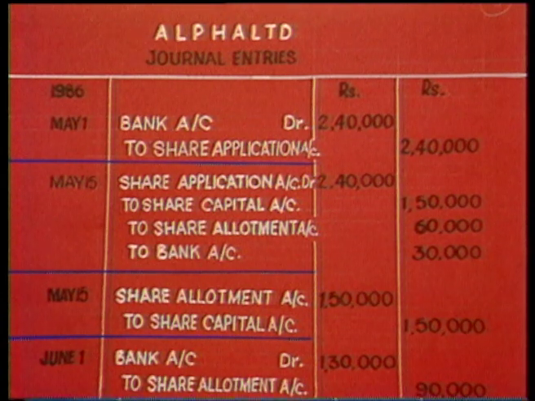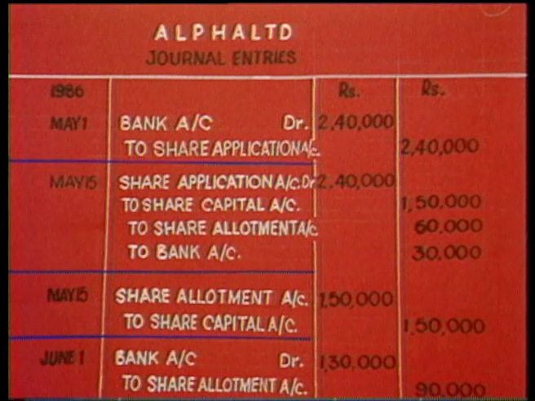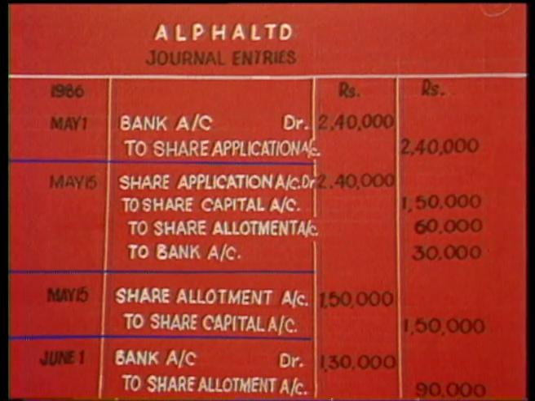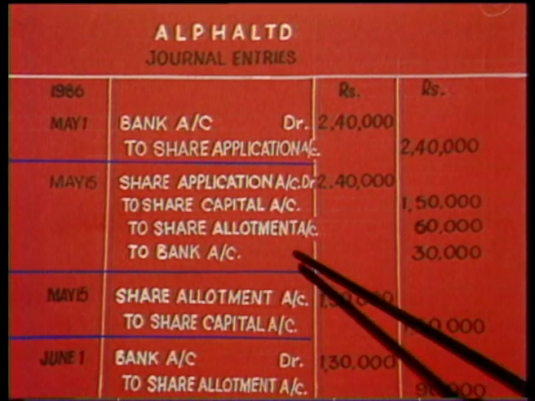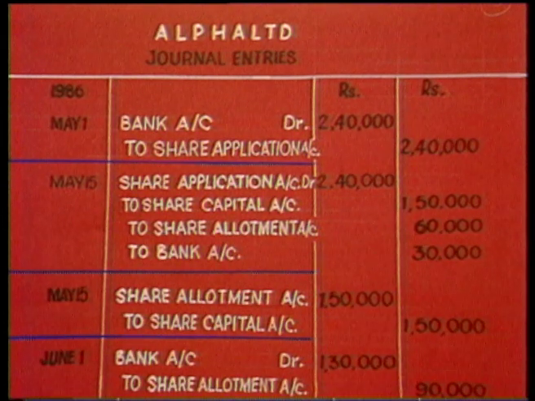So you have the credit for share allotment account for rupees 60,000 on the 20,000 shares at the rate of rupees 3 per share. And on the 10,000 shares that were rejected, the application money of 3 per share is refunded, and that is recorded by a credit to bank account for rupees 30,000 on 10,000 shares at 3 rupees per share.